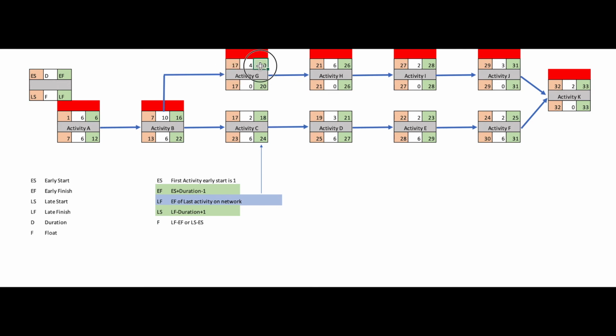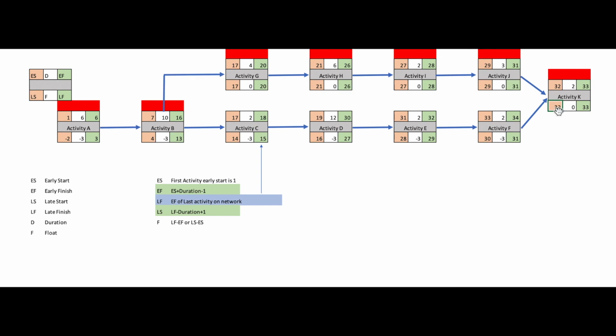Here, if I want to change the path, for example, I'll put here 12, what will happen? I'll show you. It will go to minus. Float is in minus. Why? Because here we have two predecessor activities, so we should use the larger value.